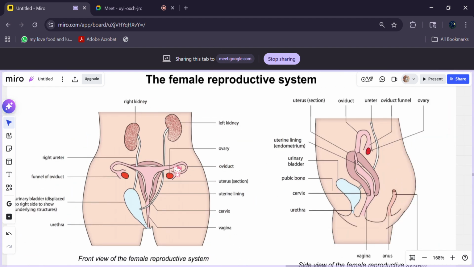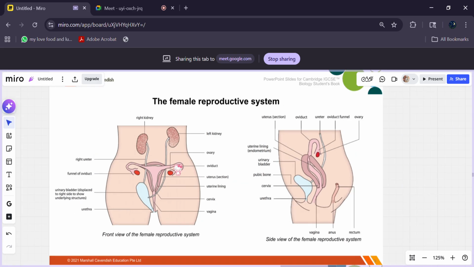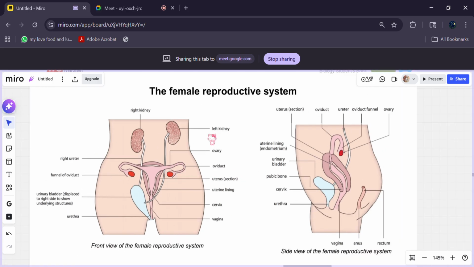Now let's go to the female reproductive system. Now that we understand the male reproductive system, we've learned about the testes, scrotum, sperm duct, and the production of sperm. Let's talk about the female reproductive system.